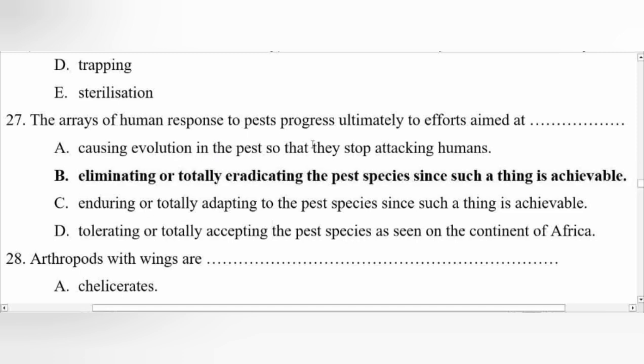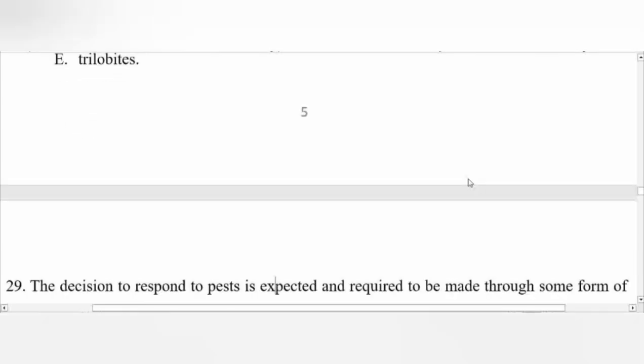We don't really have to cause evolution in the pests so that they stop attacking humans. So our best answer should be B. The array of human response to pests progresses ultimately to efforts aimed at eliminating or totally eradicating the pest species since such a thing is achievable.